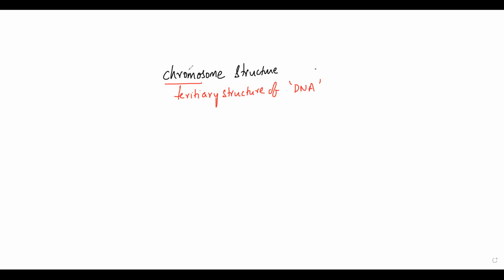Before I start, I have two questions that have to be raised before I enter into this topic. The first thing is, the length of the genetic material far exceeds the length of your cell.